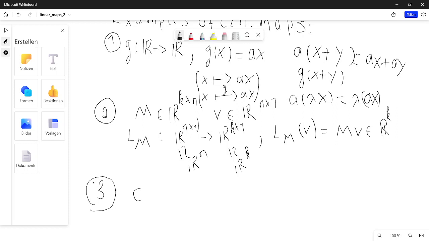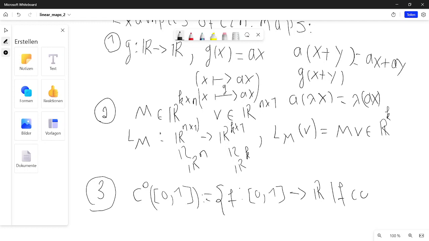You probably recall that we had this funny space C^0 of the closed interval [0,1], which was defined as the space of all maps f from the interval [0,1] to R such that f is supposed to be continuous.